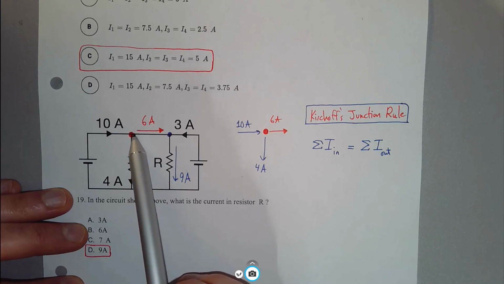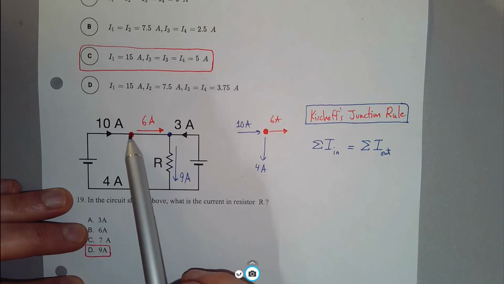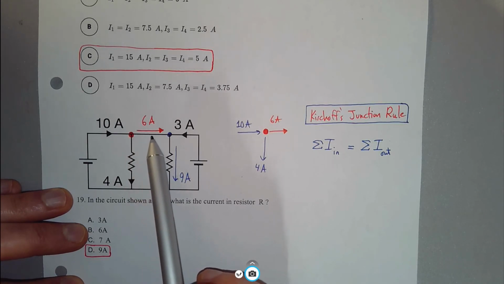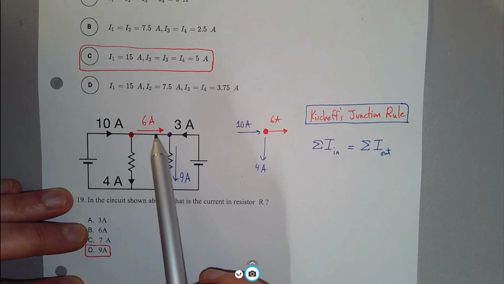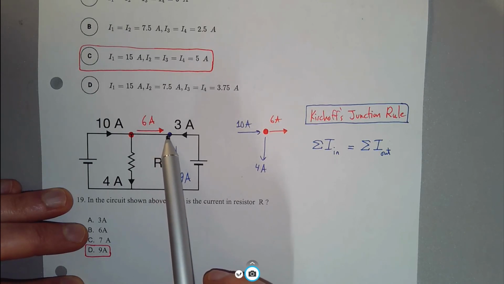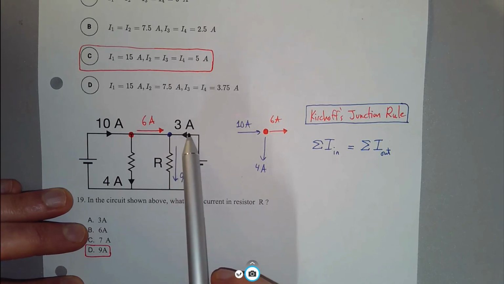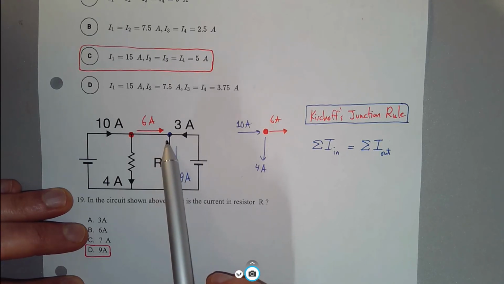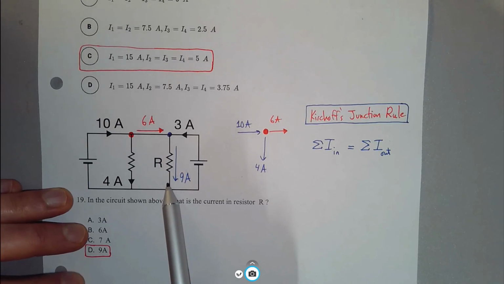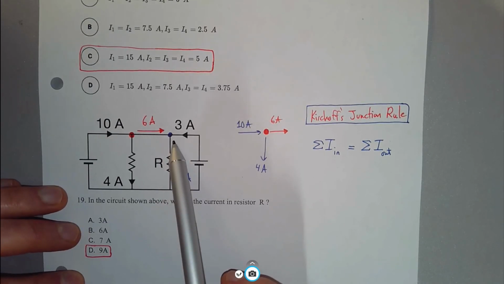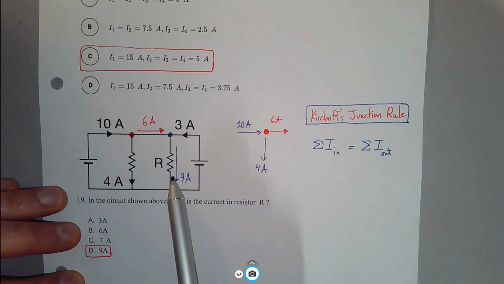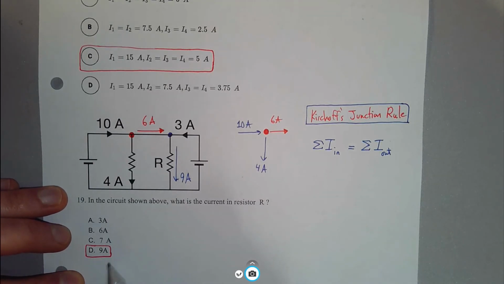That must mean there's 6 amps of current flowing from the red junction this way. So we have 6 amps coming in from the left, 3 amps coming in from the right. What comes in must equal what goes out. So there's got to be 9 amps of current flowing out of that blue junction, which means there must be 9 amps of current flowing through resistor R.